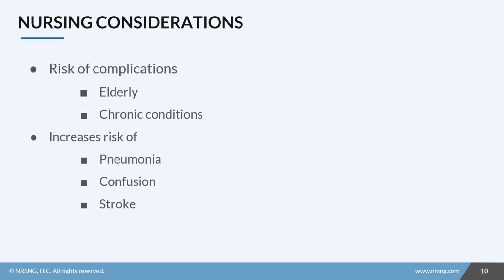Okay, let's review some of the nursing considerations with general anesthesia. It's important to recognize that the elderly and patients with chronic conditions are going to be at a greater risk of complications associated with anesthesia, including pneumonia, confusion, stroke, and cardiac issues.